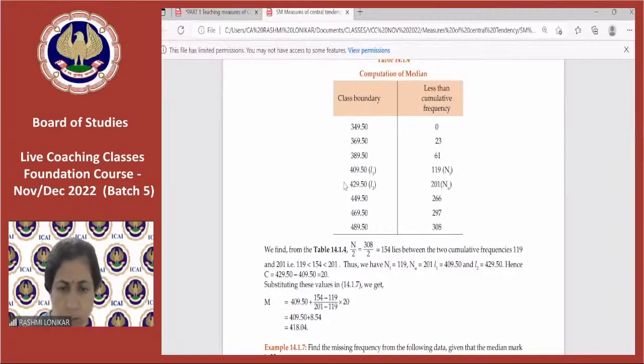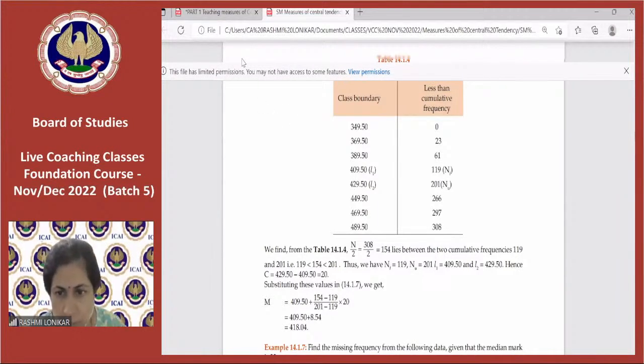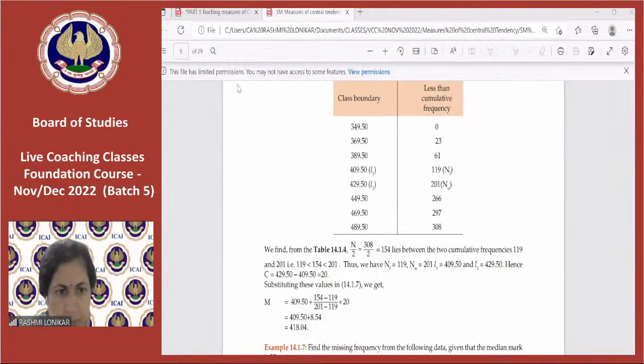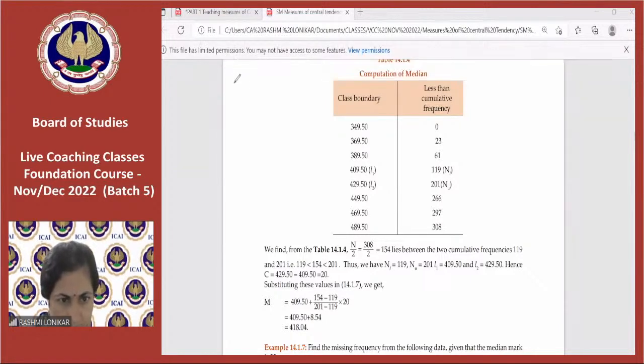So now this is for median. Now what happens here is, what is the total number? You have got the class boundaries and you have found the less than cumulative frequency. Now comes the question. N upon 2, because we are finding the median.